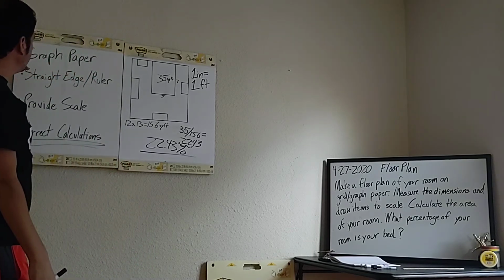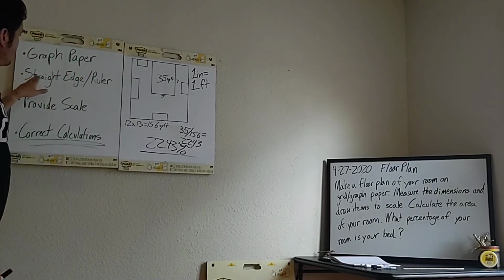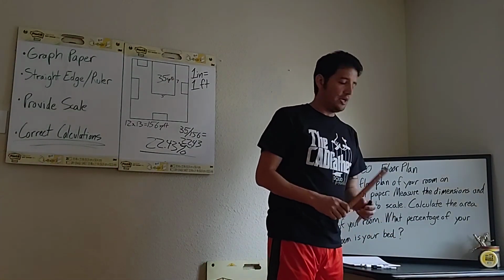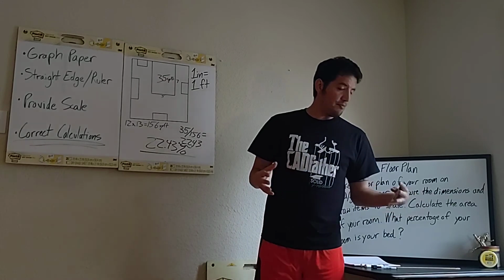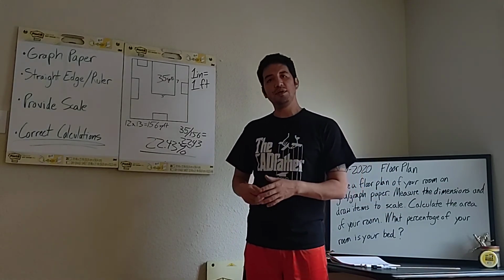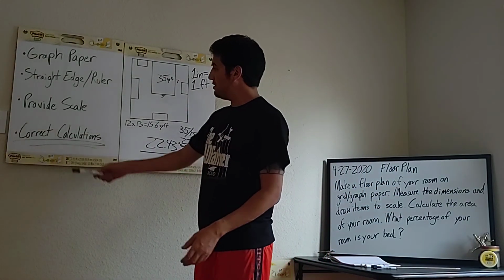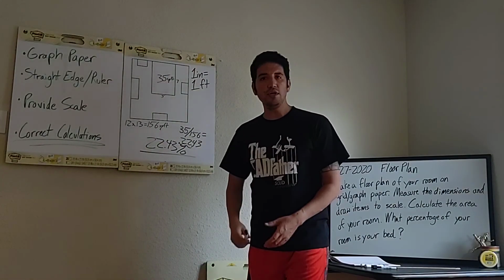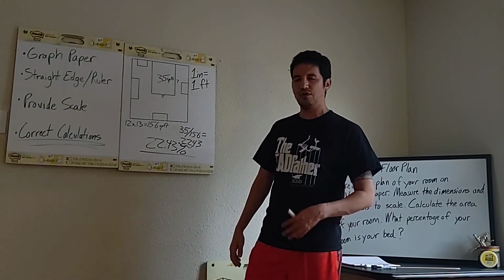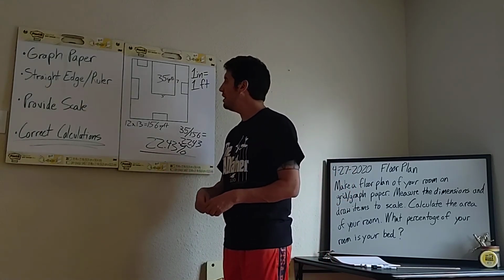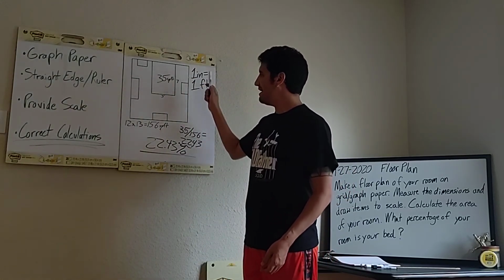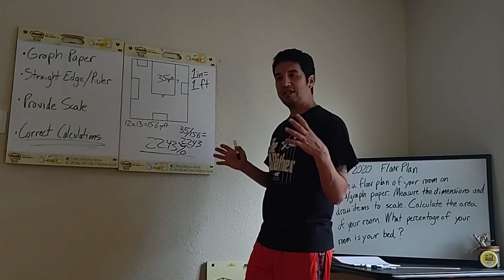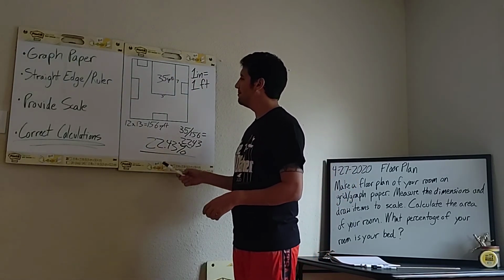Remember, it's utilizing our graph paper. It's also making sure that we're using a straight edge or some kind of a ruler, so that way our measurements and our images come out really nice and neat. And also providing our scale, right? Whether it's 1 inch equals 1 foot, or a 1/2 inch equals a foot, or 1/4 inch, whatever you want to do, let me know what that is, so that way I can tell that you have drawn what's inside your room to scale.